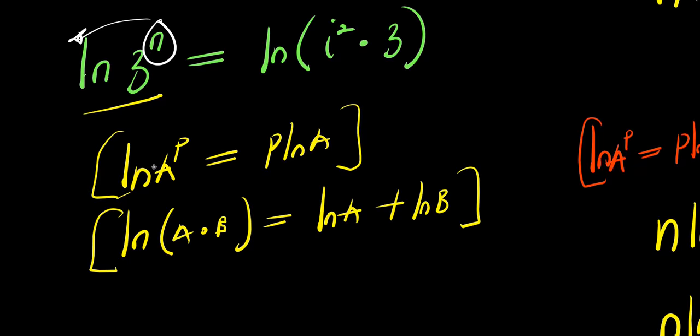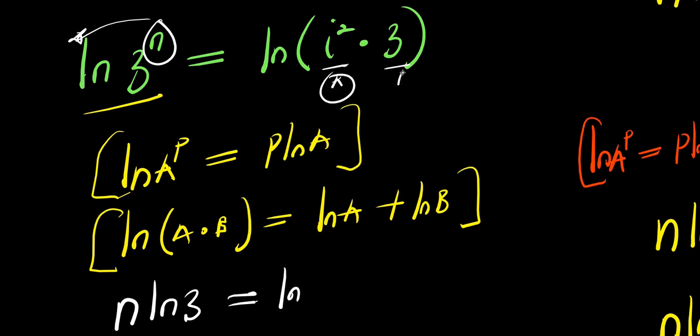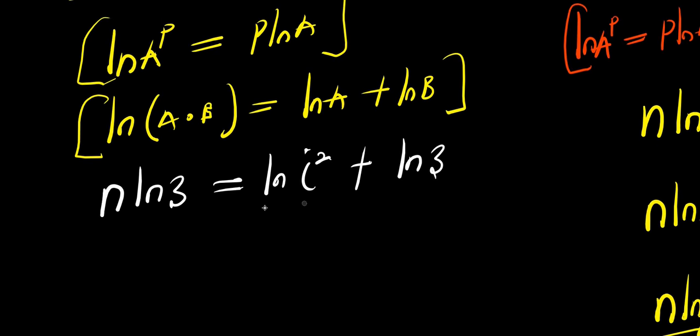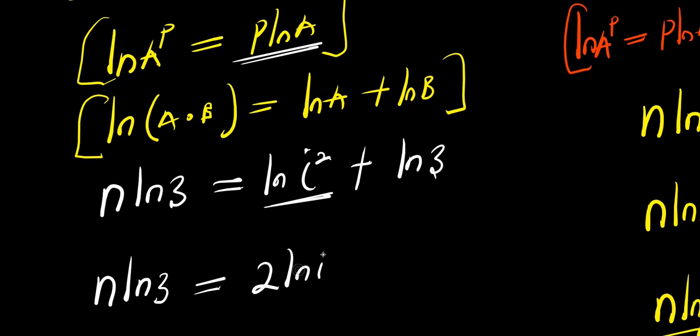The n comes behind this. I have n times natural log of 3 equals natural log of, this is my a, this is my b. So this natural log of I power 2 plus natural log of 3. So applying this right here, I have n natural log of 3 equals 2 times natural log of I plus natural log of 3.